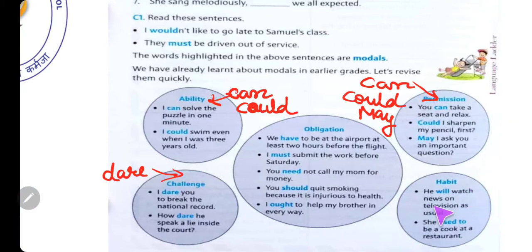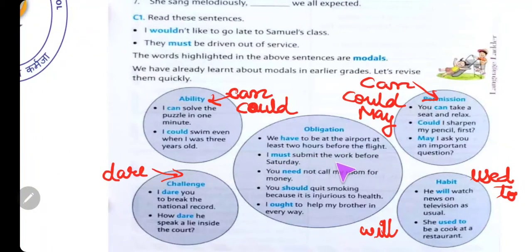Then is habit. He will watch news on television as usual. She used to be a cook at restaurant. So will, and then used to, are used under habit. Okay, then comes the obligation. We have to be at the airport at least 2 hours before the flight.